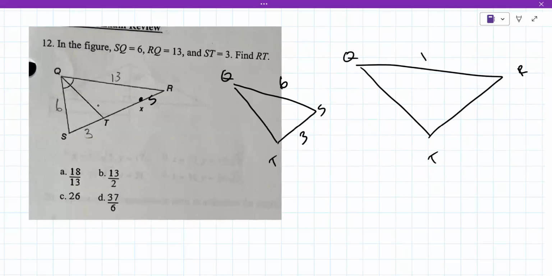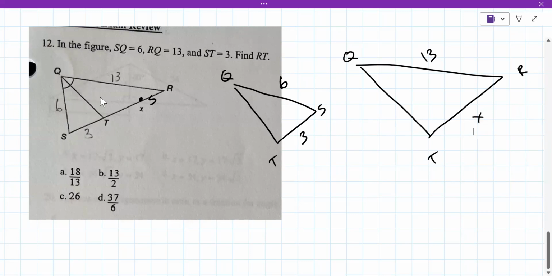6 and 3, 13 and X. I think this is one of those problems where we were told to do a T shape, follow the lines or something. It's easier if you could cut this triangle out, QST, and then flip it over, fold your paper right along QT.